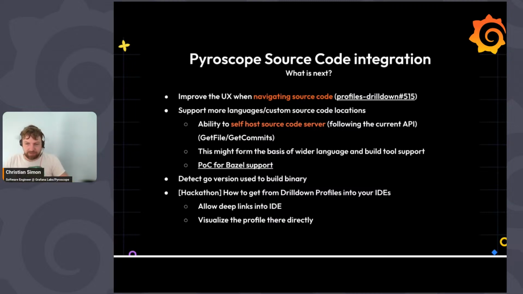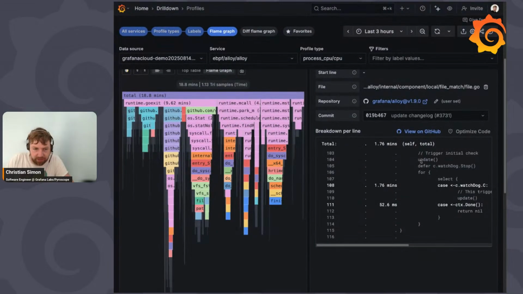Something we also want to make slightly better: if you remember, we are in the source code view here, but while we offer you a view on GitHub, I think one of the natural steps would be to open it in your IDE. And right now, there's basically no good way, and obviously there are a lot of IDEs and people have different preferences.